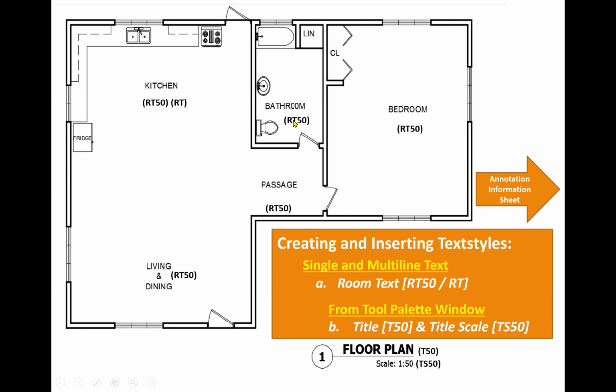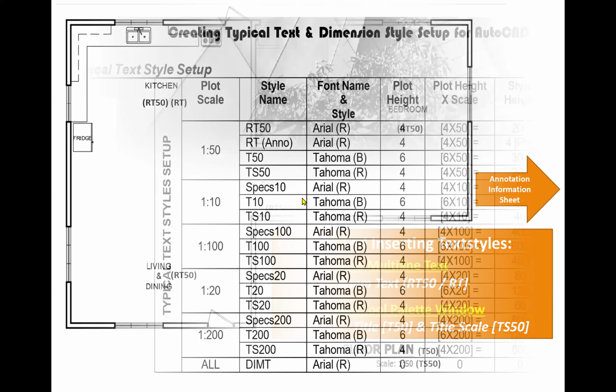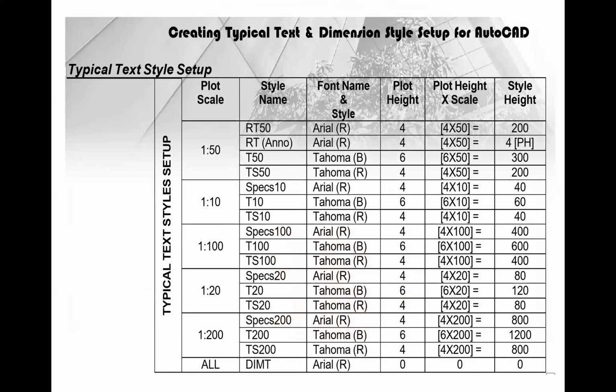All right. So what we're going to be doing now is to look at how you create what I call text styles. So I'm going to be introducing you to another standard that I have created. Remember the first standard I gave you was called layer standard. This other standard is called the text standard. And there's the dimension standard, both of which are in the same handout. Right?